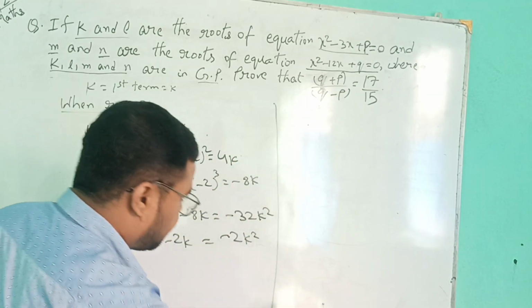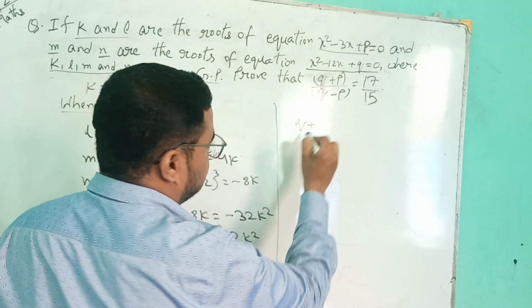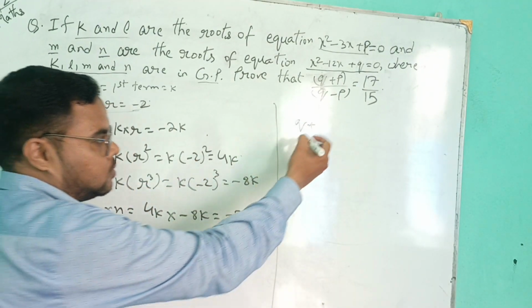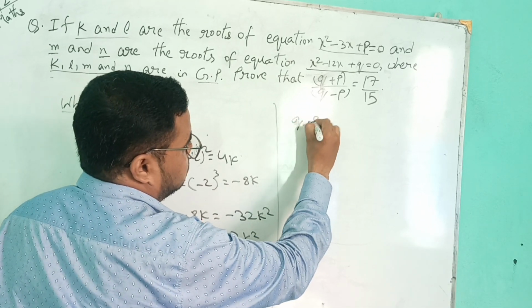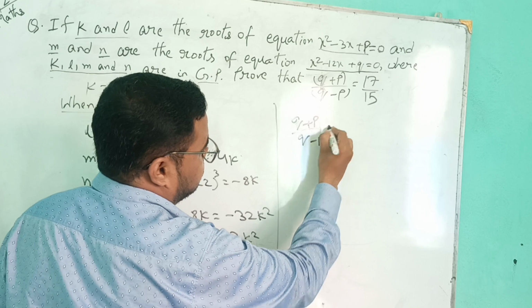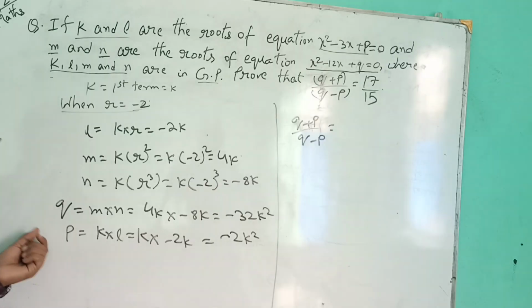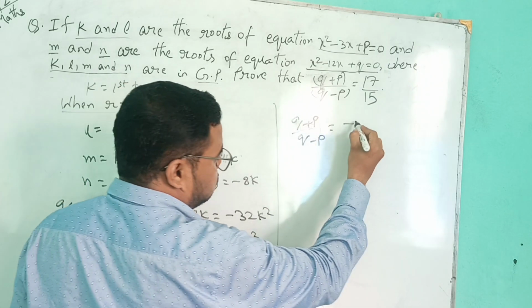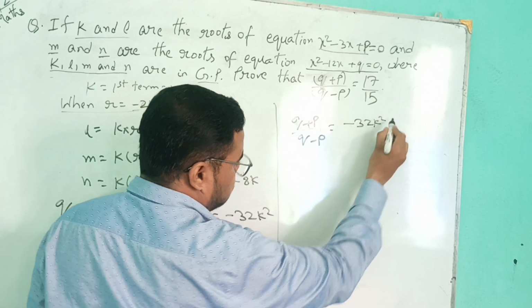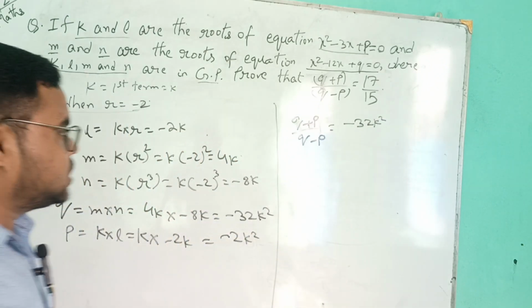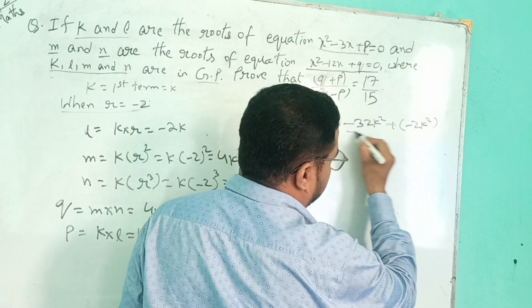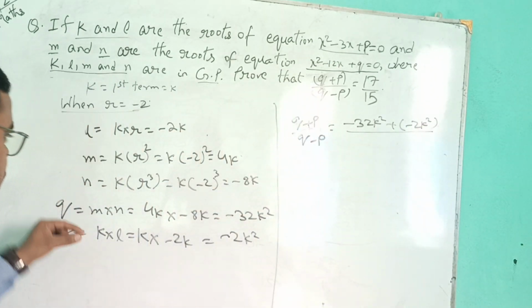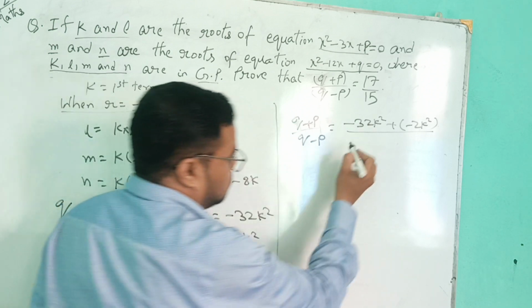Now here we have to find the value of q plus p by q minus p. Here the value of q we will put as minus 32k square, and p as minus 2k square, and then q minus p. What is q?